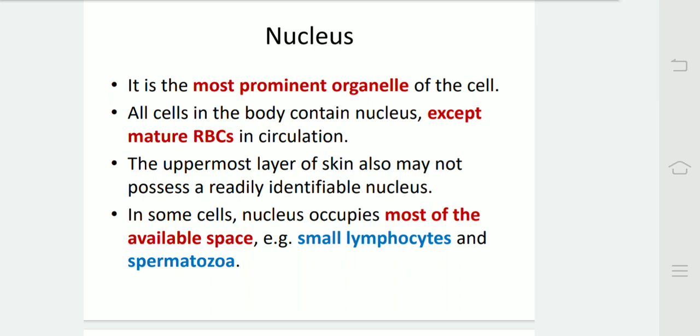Coming to the nucleus, it is the most prominent organelle in the body, present in all cells except mature RBCs in circulation. The uppermost layer of skin also may not possess a readily identifiable nucleus. In some cells, the nucleus occupies most of the available space. Example: small lymphocytes and spermatozoa.